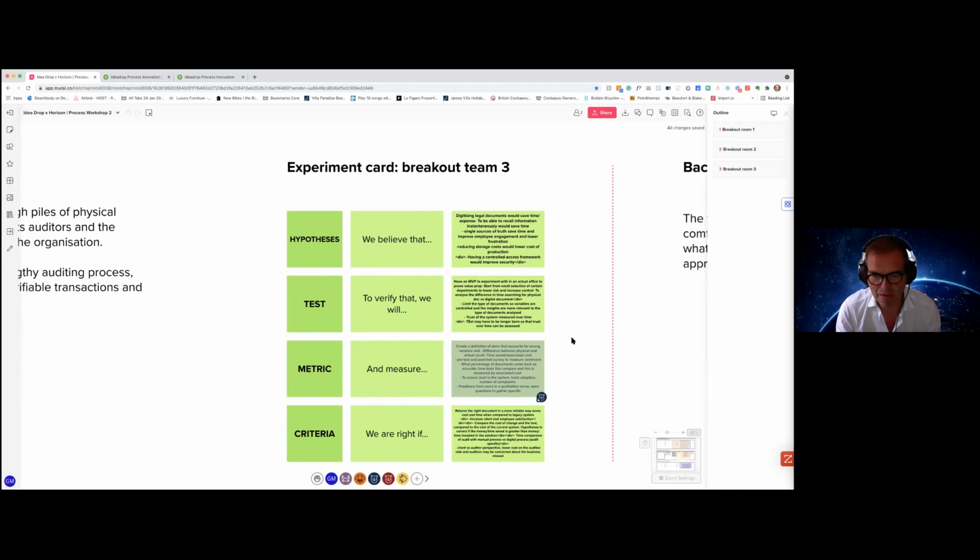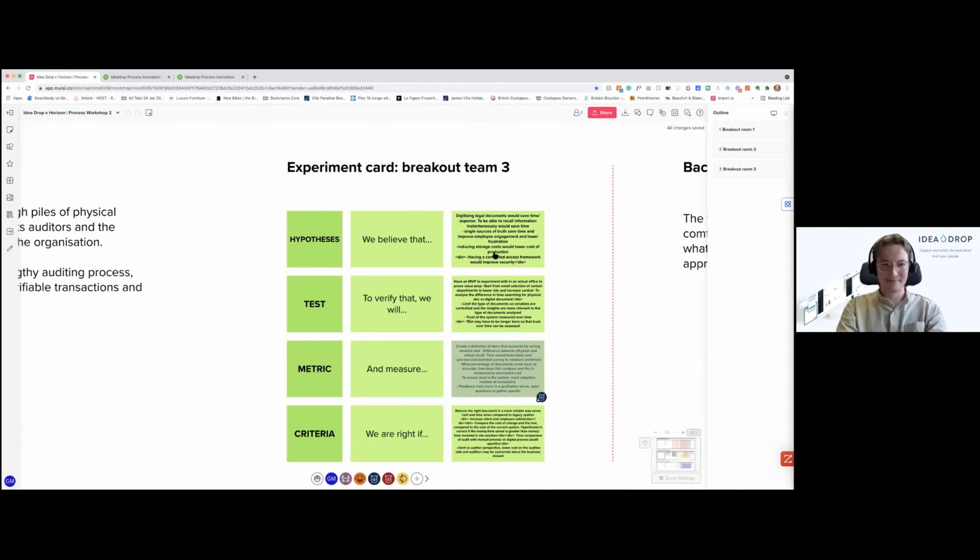What I would say is, when you've got a lot of ideas to test, sometimes you can have too many. So be cognizant of that. With this team, I would say now we need to start to filter this and break these down into smaller tests. But that was amazing, guys.